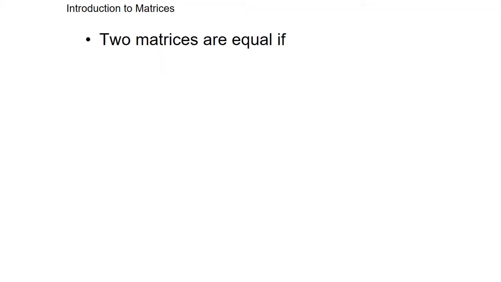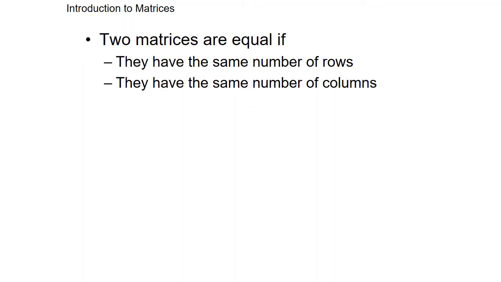At this point, let's see the conditions for two matrices to be equal. For them to be equal, they would have to have the same number of rows as each other. They'd have to have the same number of columns as each other. And corresponding entries must be equal. There's no point in having the same number of rows and the same number of columns if different numbers or other entries exist in corresponding locations.